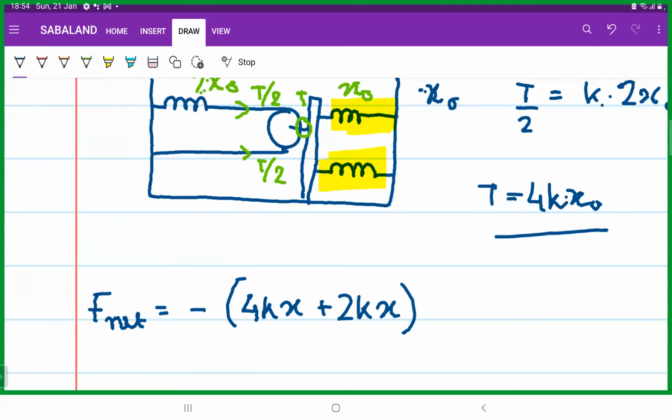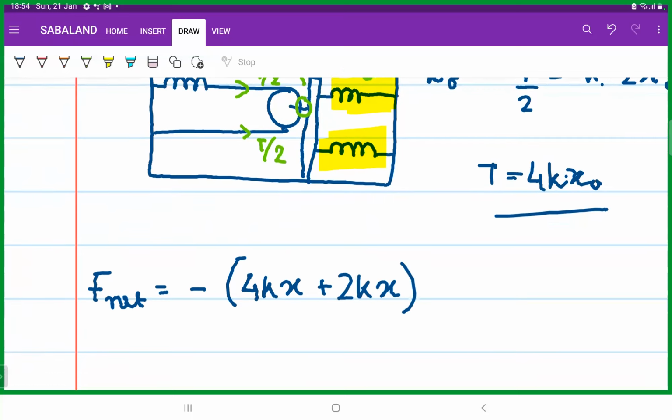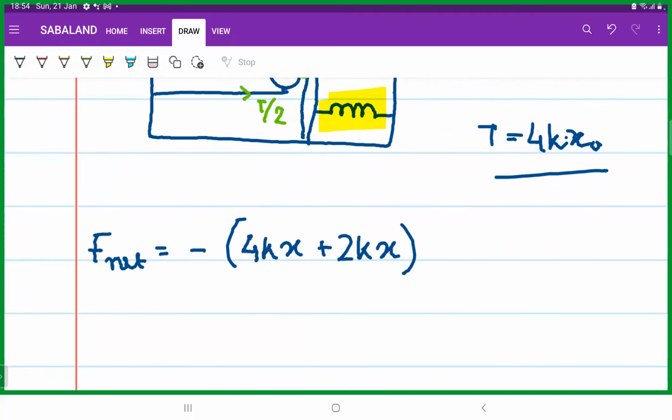And minus, well, you can say that it's pushing it back, so it's minus. Okay, it totally depends on the sign convention. So this will become minus 6kx. This is equal to ma. I'm sorry, a will become proportional to x, right?